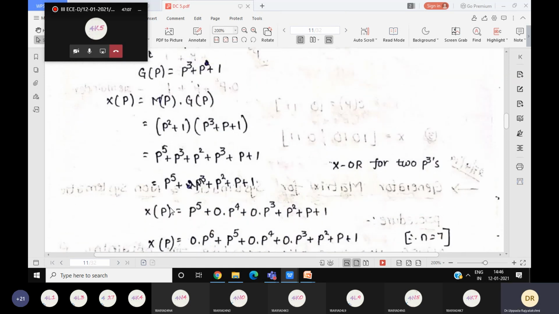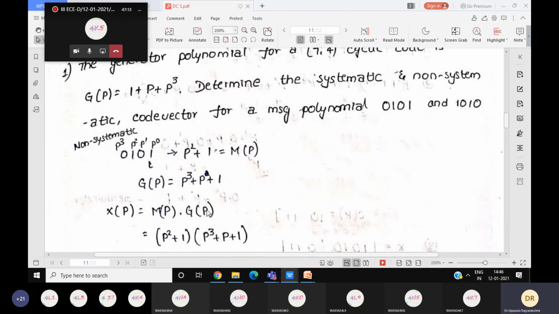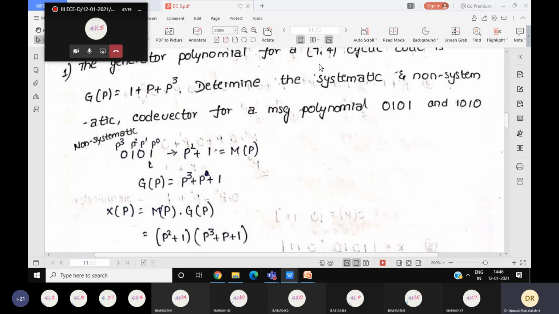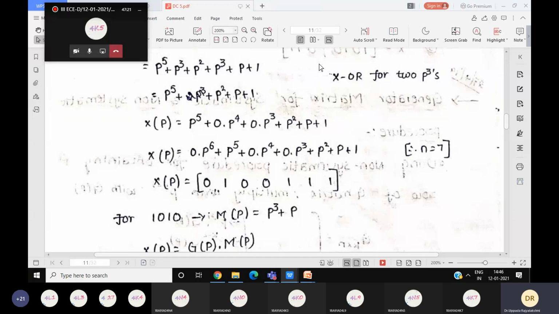Now please rearrange the values in such a way that, in the question it is given as n minus 1 and 10. So we write the coefficients from p power 6, because it is a 7-bit code word. Write the coefficient from 7 minus 1 power, that is p power 6.